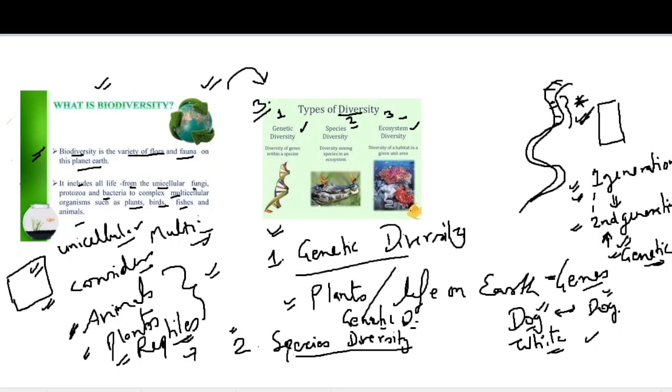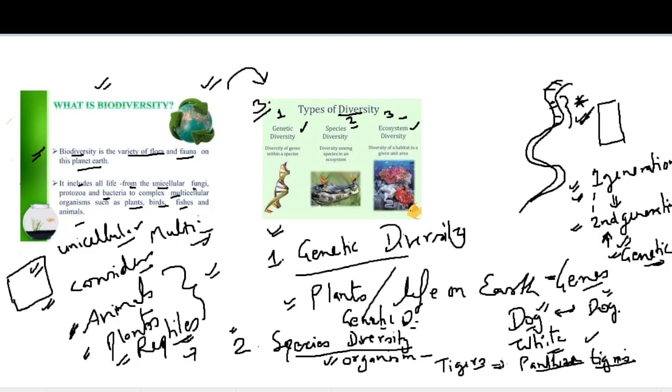All organisms belong to a certain type of species. Take the example of tigers. All the tigers belong to the Panthera tigris species. So Panthera tigris is a species.